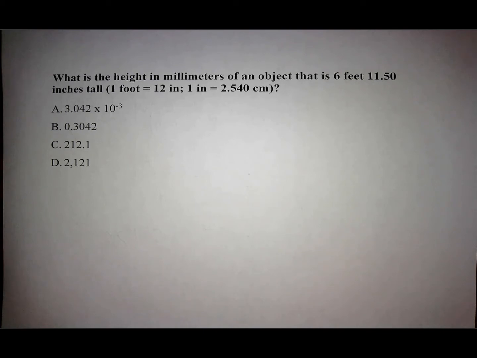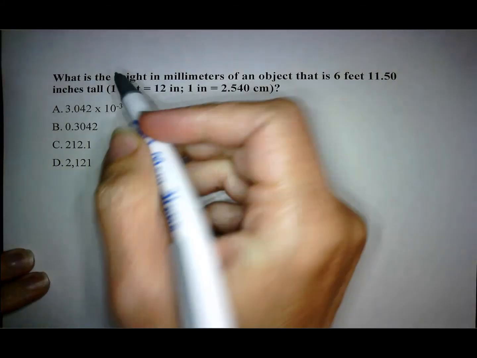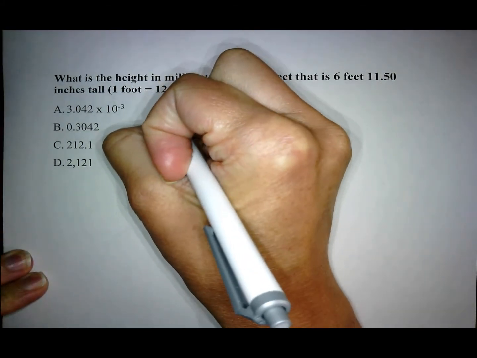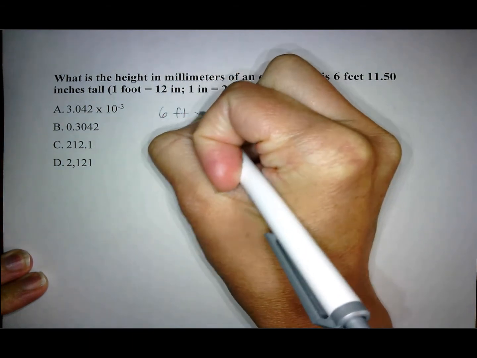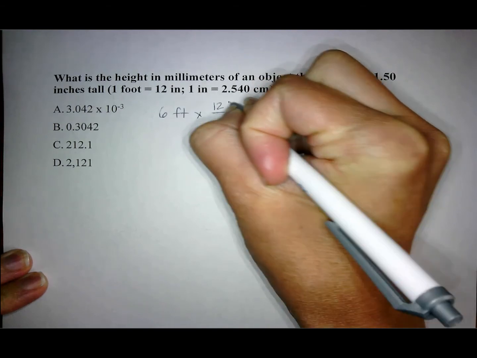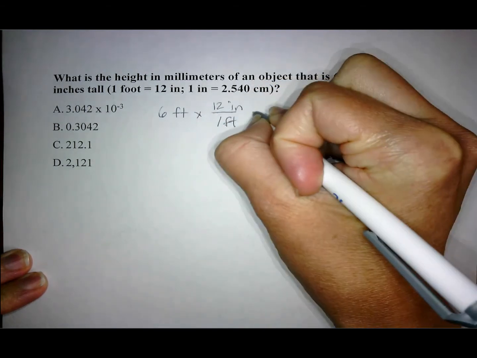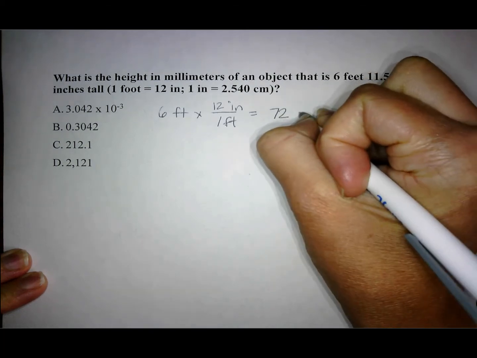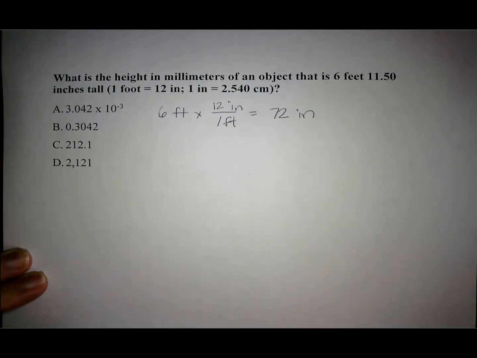Our first step in solving this one is getting the feet into inches. So we know that 1 foot is equal to 12 inches. So if we have 6 feet and there are 12 inches in 1 foot, then we have 72 inches in 6 feet.